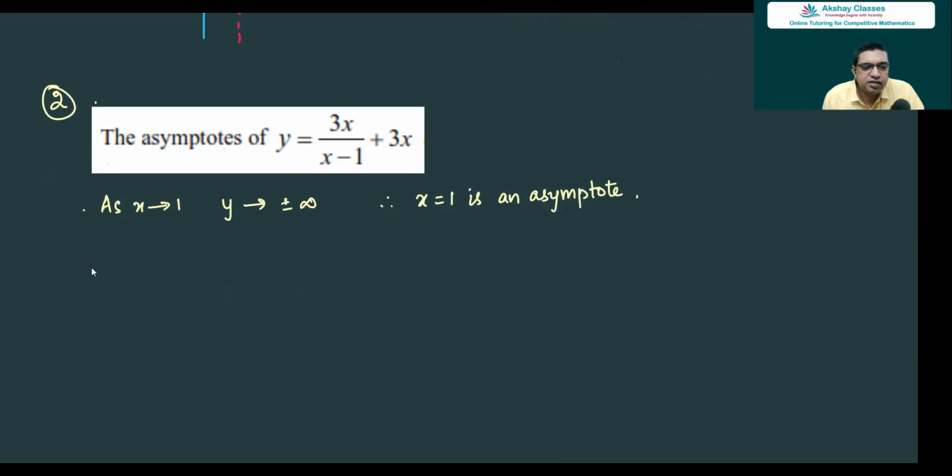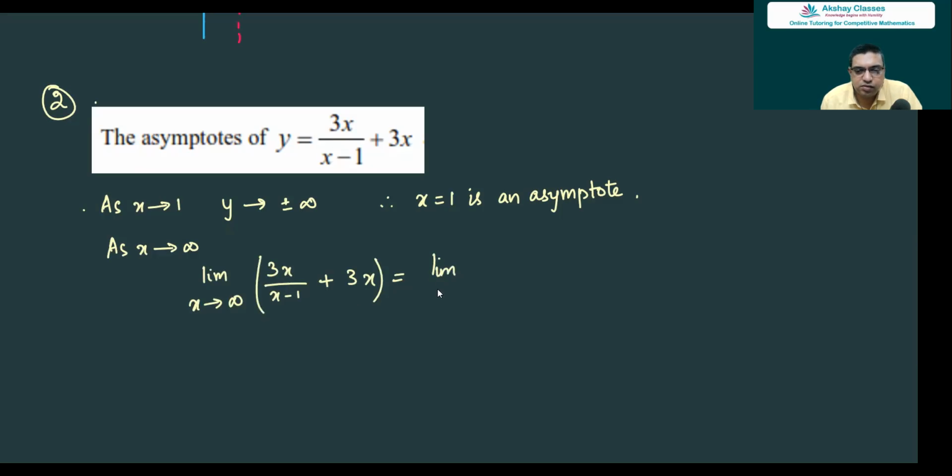Now, let us try as x tends to infinity. So limit x tends to infinity of y or f of x. Let's see what happens to the function. As x tends to infinity, we divide by x, and you will get 3 upon 1 minus 1 by x.